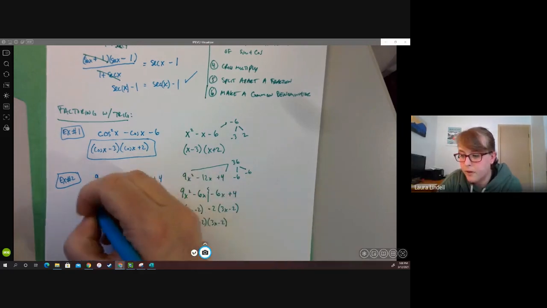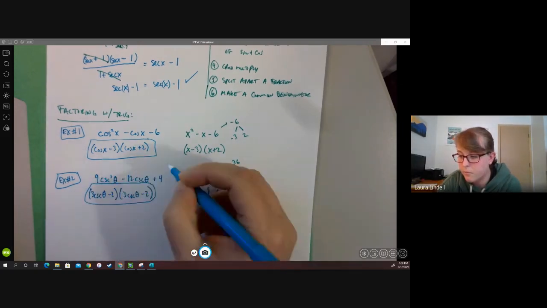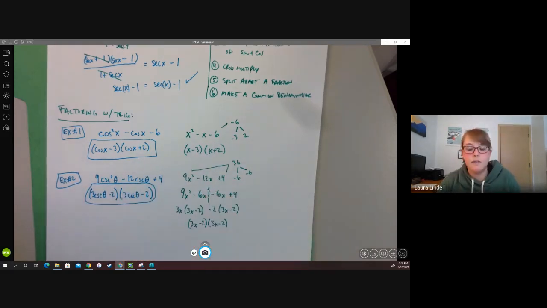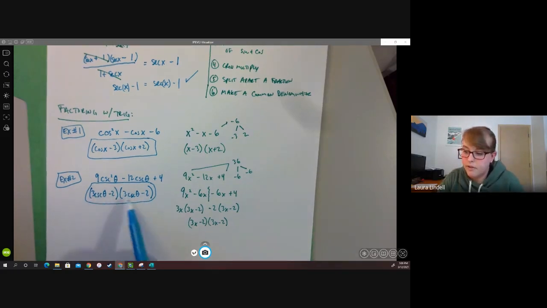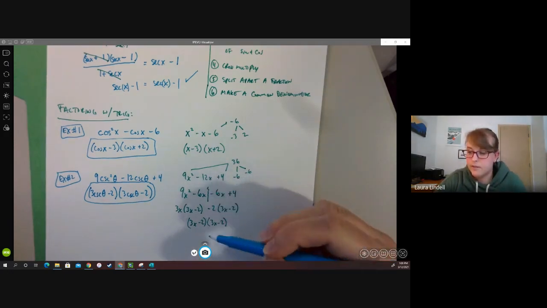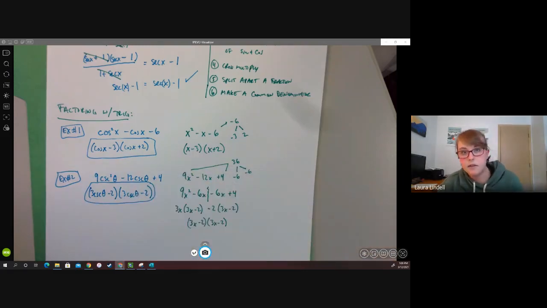And if it works for you still to think of it in terms of, okay, I'm just going to multiply 9 and 4 and then rewrite it even with the cosecants in it, you could still do 9 cosecant squared minus 6 cosecant minus 6 cosecant plus 4. Split that down the middle and take out the greatest common factor and end up with this. If it works for you to do it that way and it doesn't get too jumbled or messy, feel free to do it. If it works better to think of it with x's instead and then put the cosecants back in at the end, then go for it.